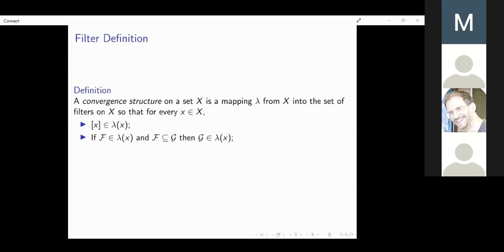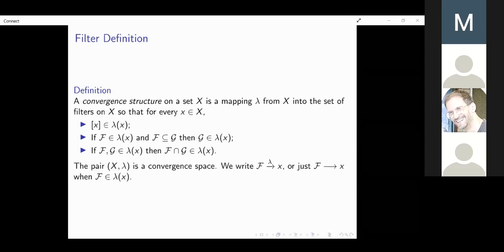If F is in lambda(x) and F is contained in G, then G is in lambda(x). And if F and G belong to lambda(x), then F intersect G belongs to lambda(x). We think of F belonging to lambda(x) as F converging to x, and we will write it as such.